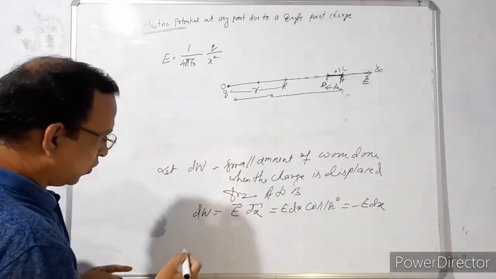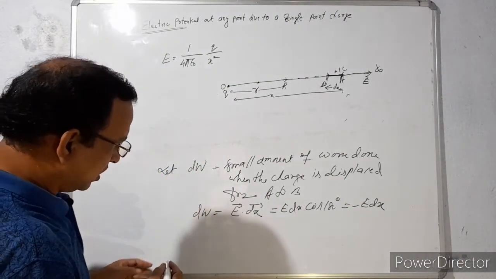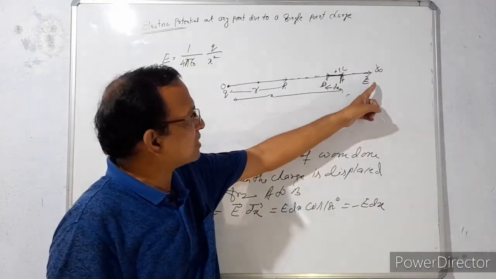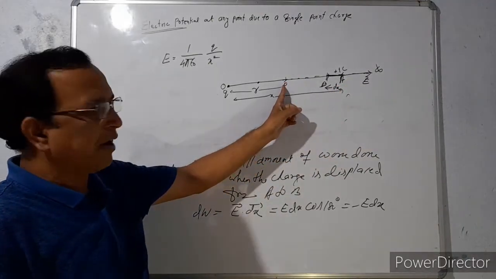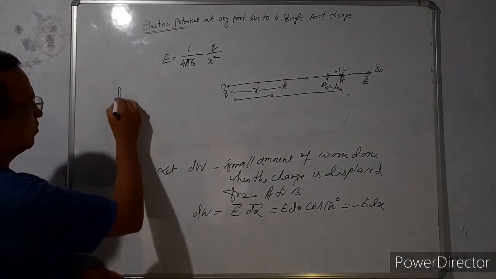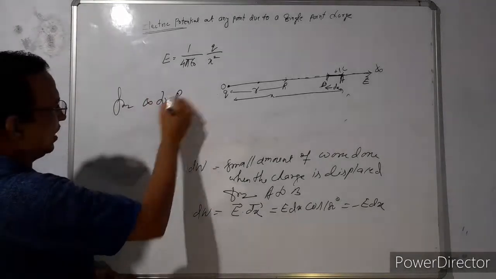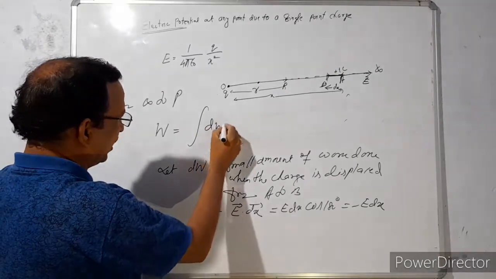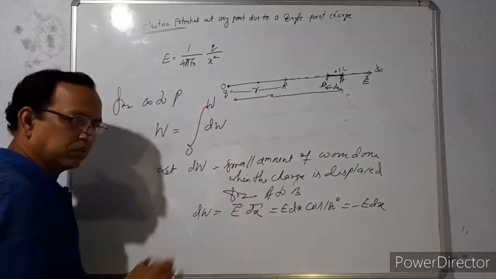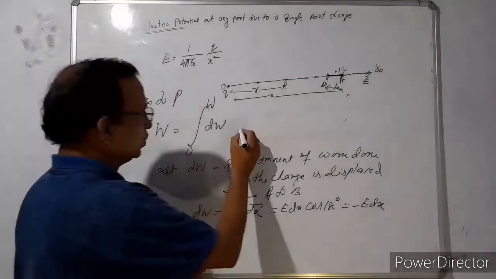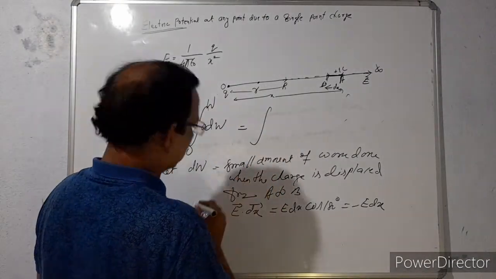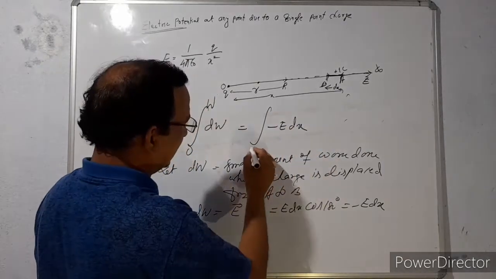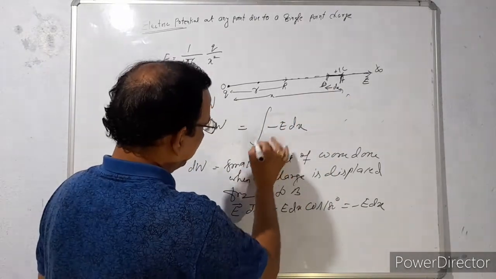Then we can find the total work done when the charge is displaced from infinity to the point P. W is equal to the integration of dw, that is the integration of minus E dx with limits infinity to r.